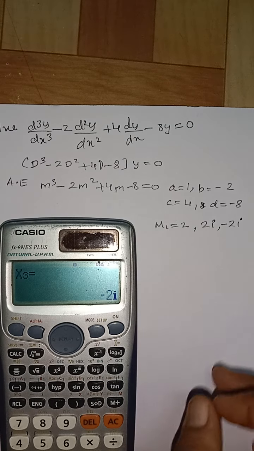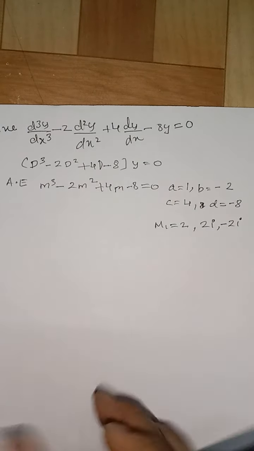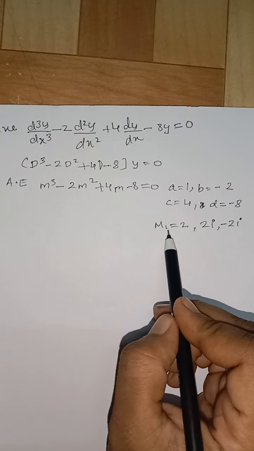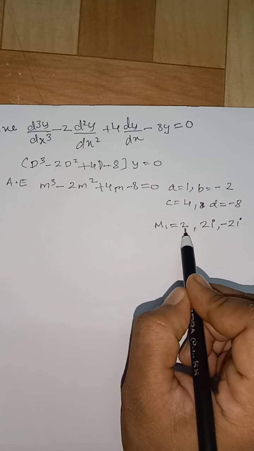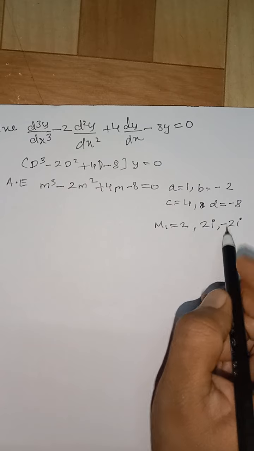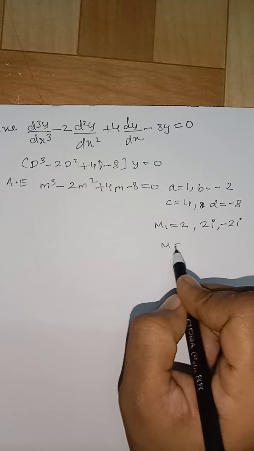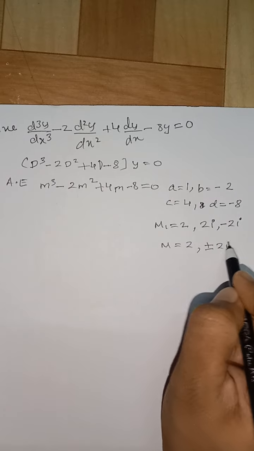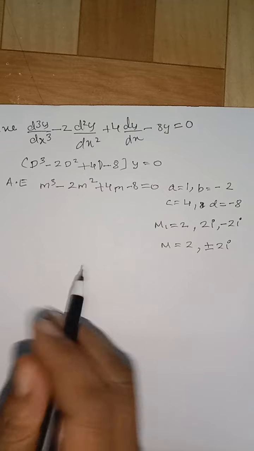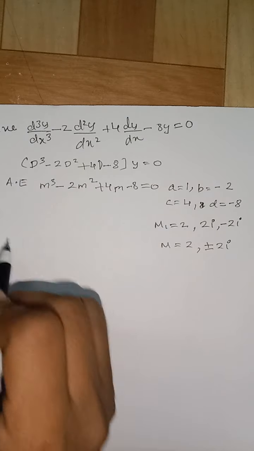So depending upon the type of the root, now let us write the solution. For the first root m1, which is 2, which is real, and the other roots, I write here m equals to 2 and plus or minus 2i. So let us write solution for this.